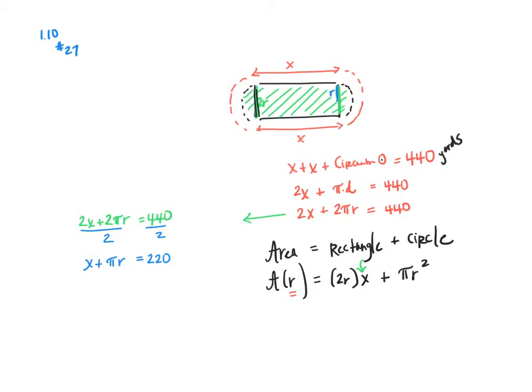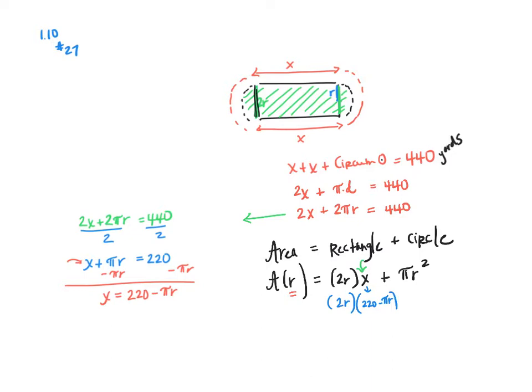And then I still just need to get x by itself. So I'm going to subtract that pi r. So that's going to give me x is the same as 220 minus pi r. So now I'm going to plug in what I know. I know that my 2r is 2r. I know that my x is 220 minus pi r.